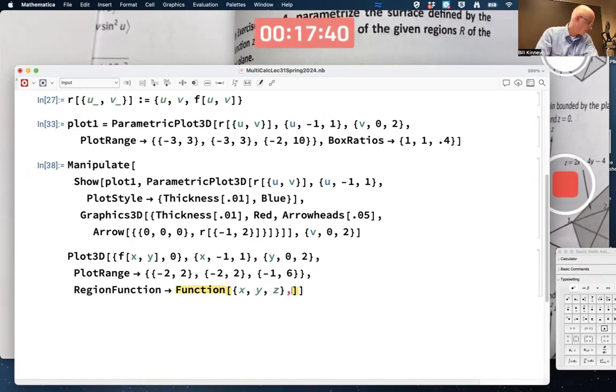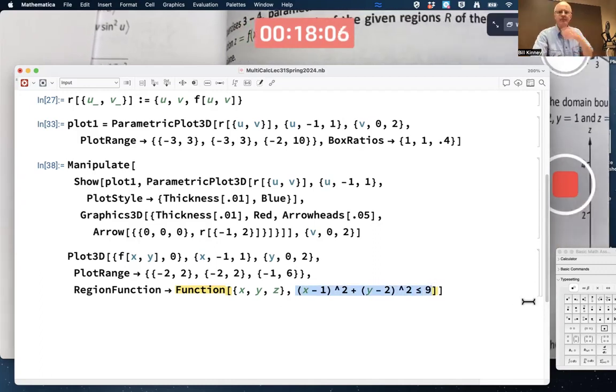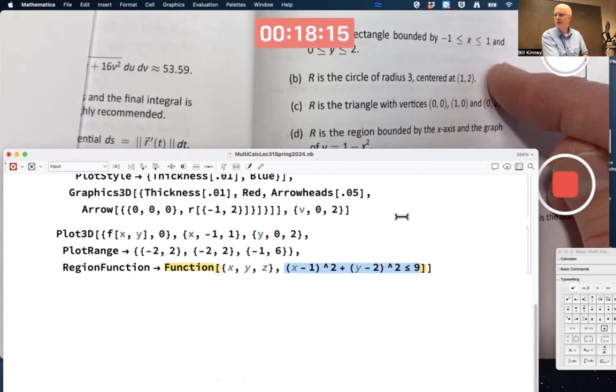I'm trying to plot it over a circle of radius 3 centered at, actually it's centered at (1, 2). I guess I'm going to need a different PlotRange here. Circle of radius 3 centered at (1, 2).